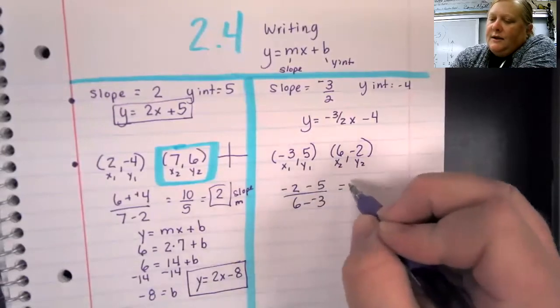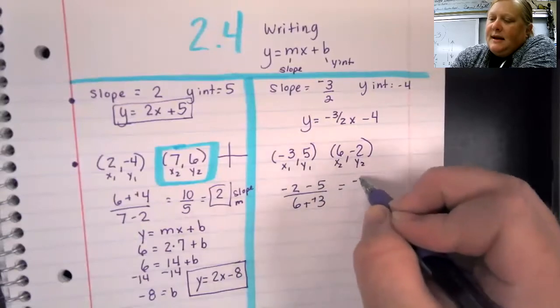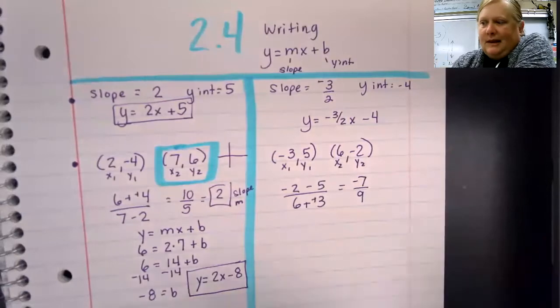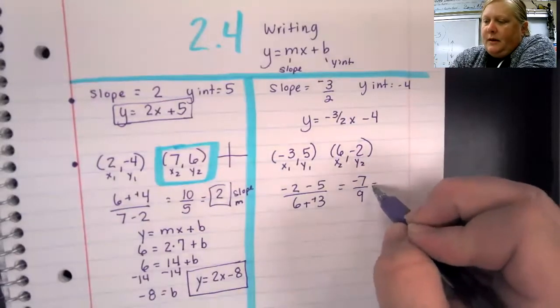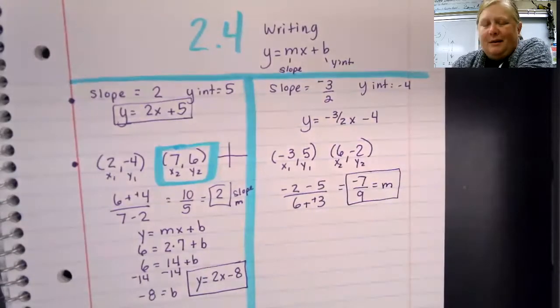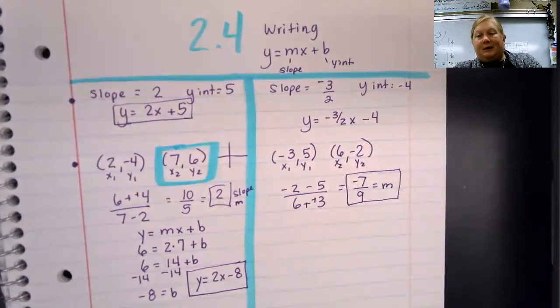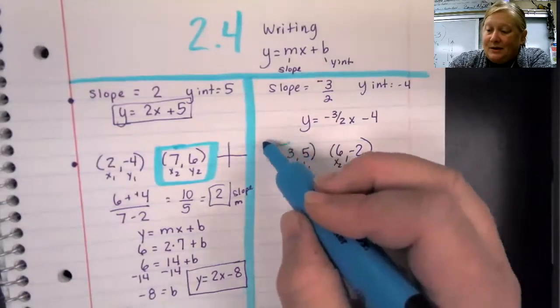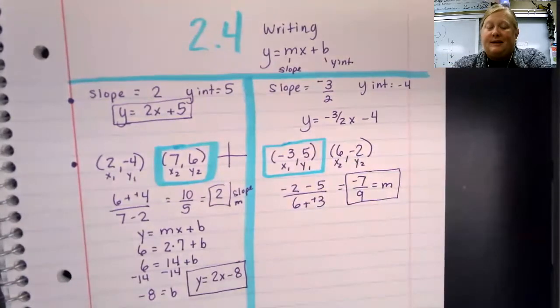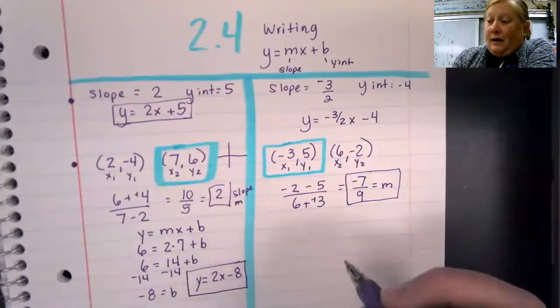All right, this turns out, let's see, plus plus. This is a negative 7 over 9. That's a yucky slope. That's my m, so label it. All right, well, friends, it really doesn't matter which point. Let's do this one instead, okay? You're going to come out with the same thing, but I hope you have your calculator.